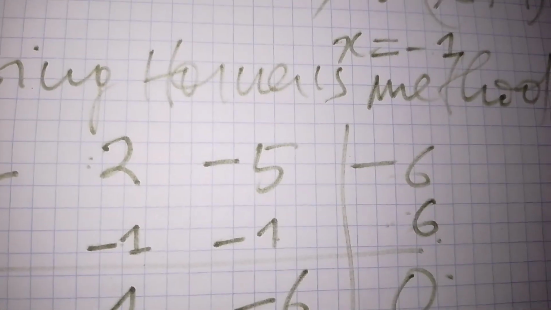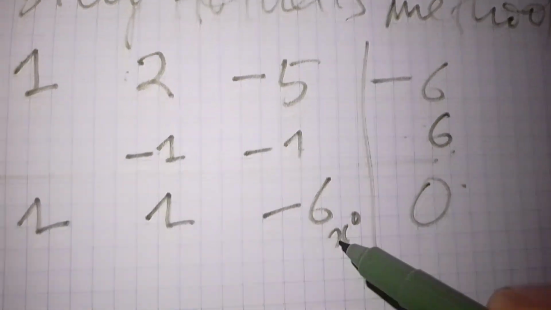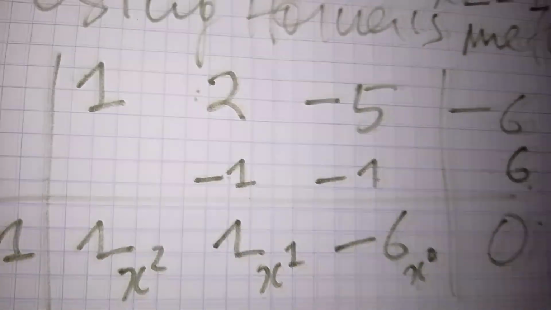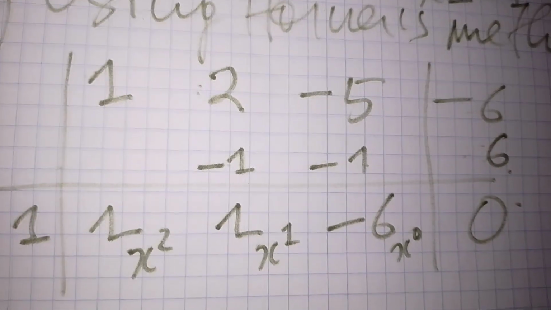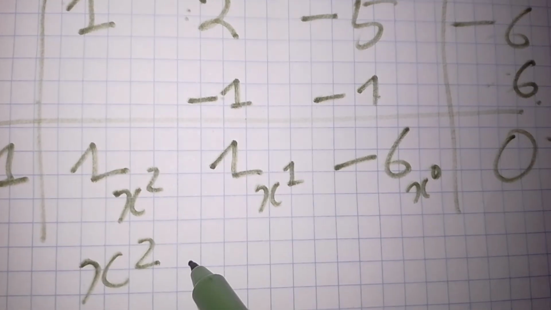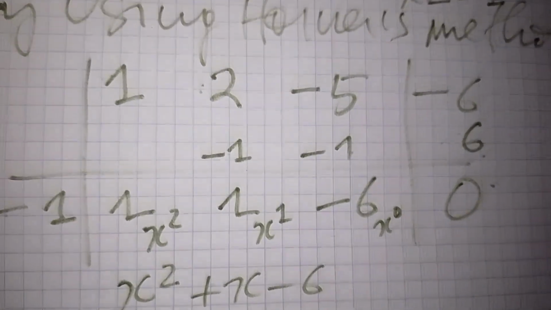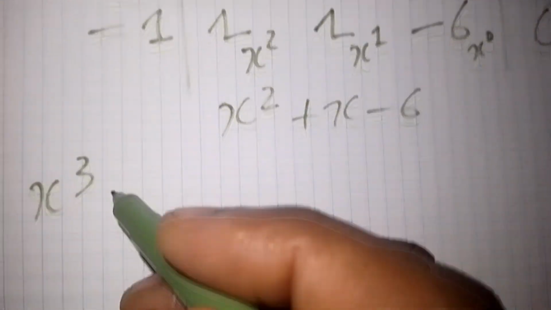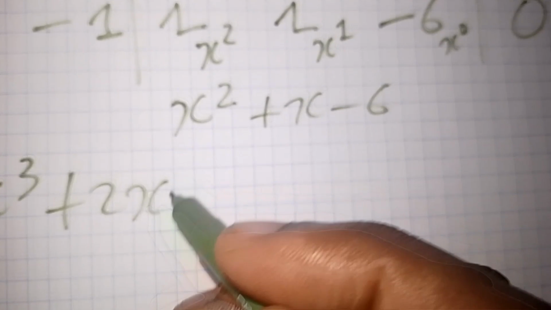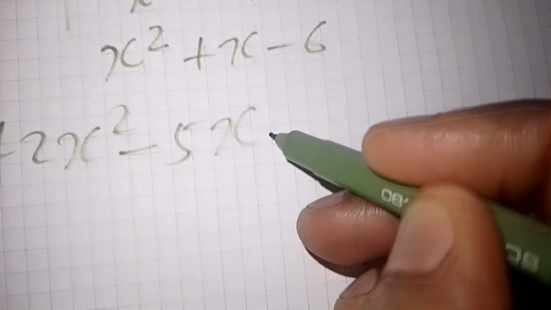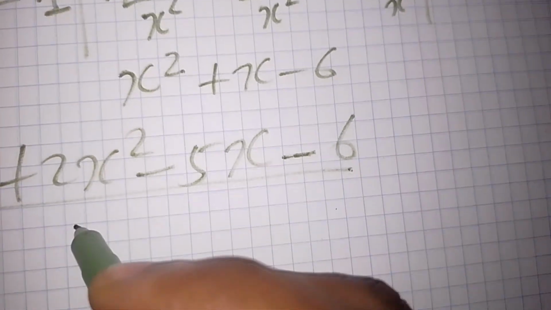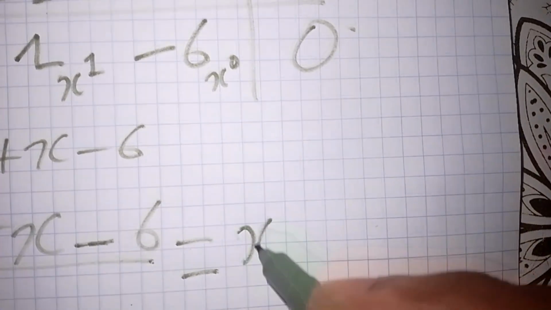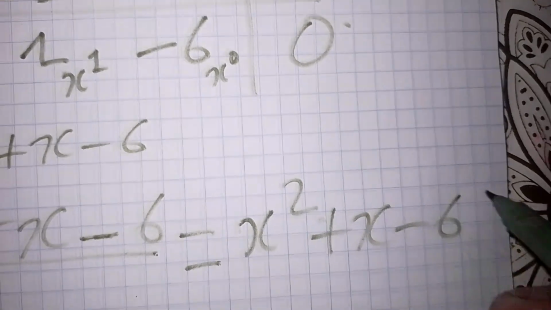Now here is the coefficient of x squared which is equal to 1, the coefficient of x is equal to 1, and the constant is equal to minus 6. So the answer is x squared plus x minus 6. So x cubed plus 2x squared minus 5x minus 6 divided by x plus 1 is equal to x squared plus x minus 6.